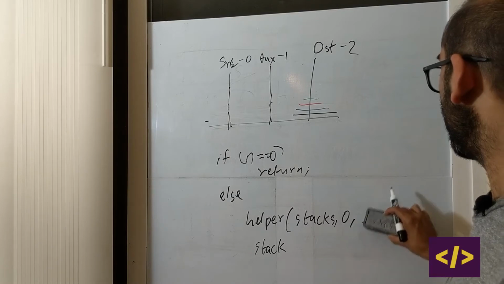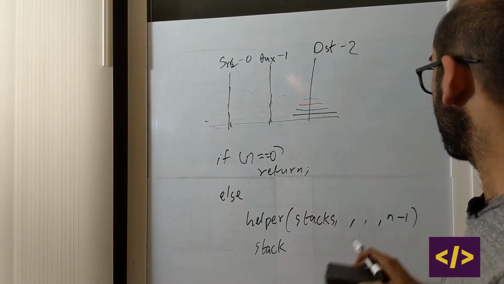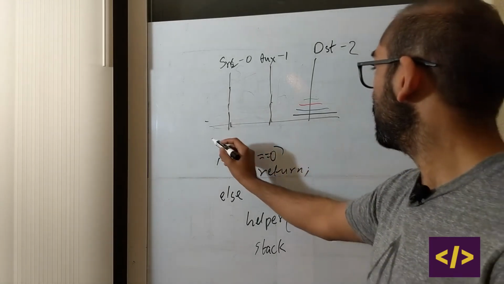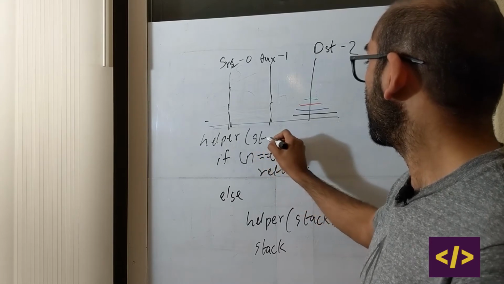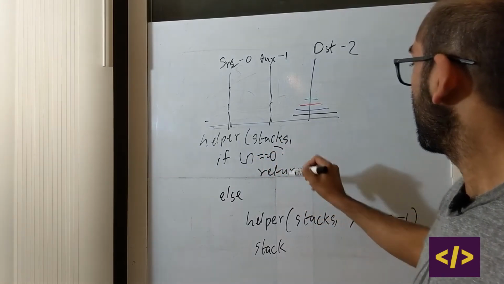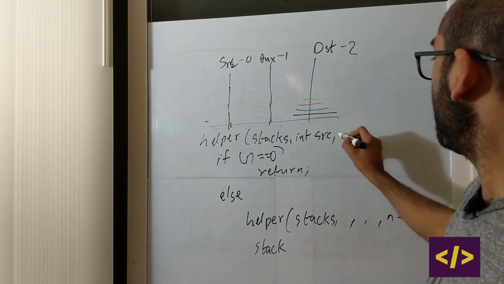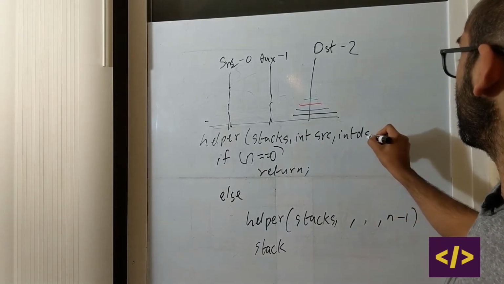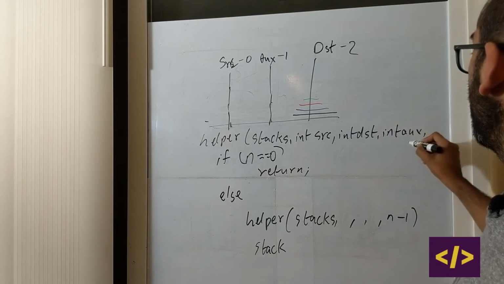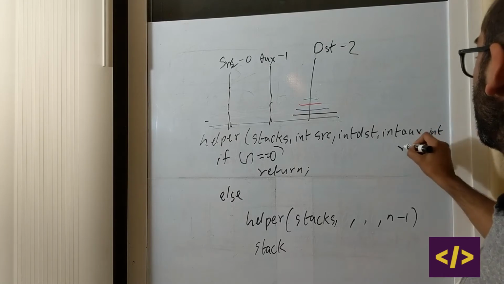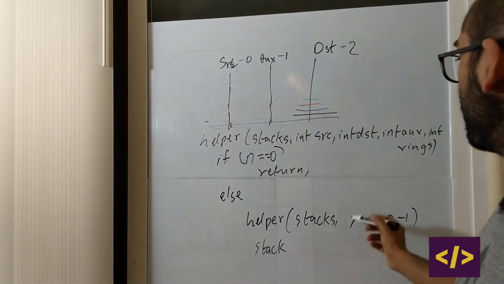So our function would have stacks, and it would have int source, int destination, int auxiliary, and int rings. All of those would come here.